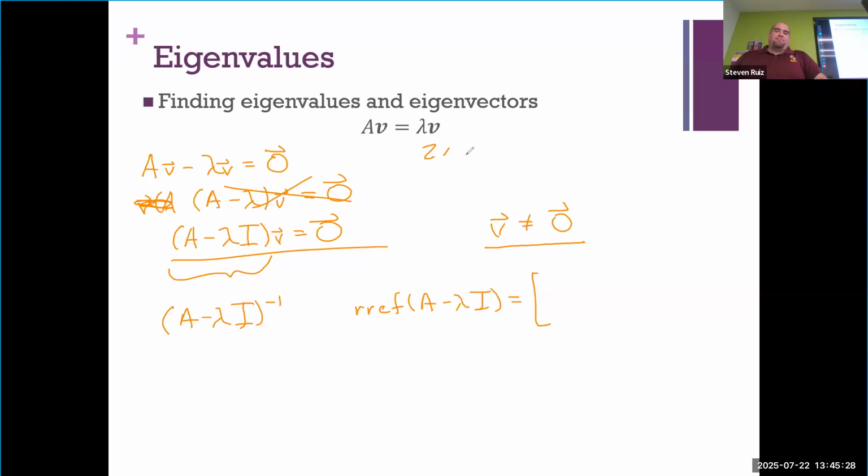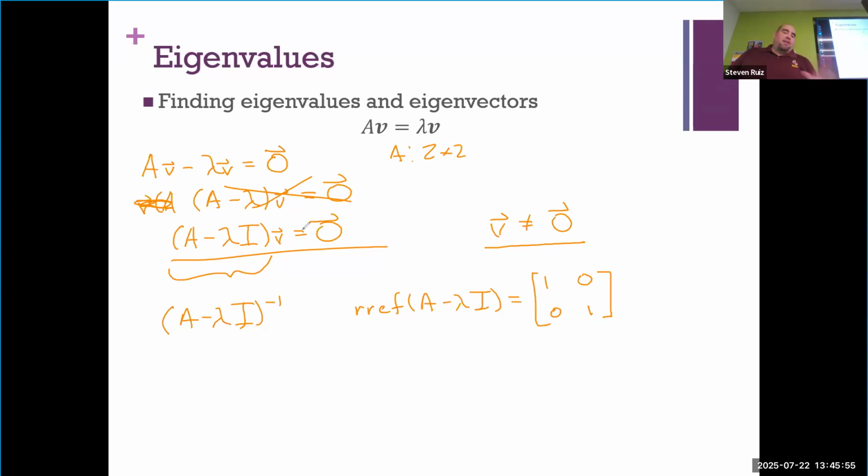Let's say that it's 2 by 2. If the determinant is equal to anything other than zero, then it reduces into the identity, right? Which means that the only vector that I can multiply by A minus lambda I would be the zero vector.